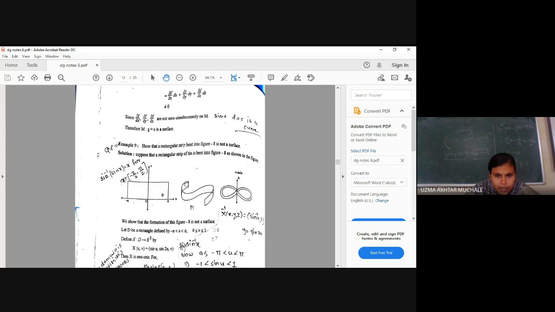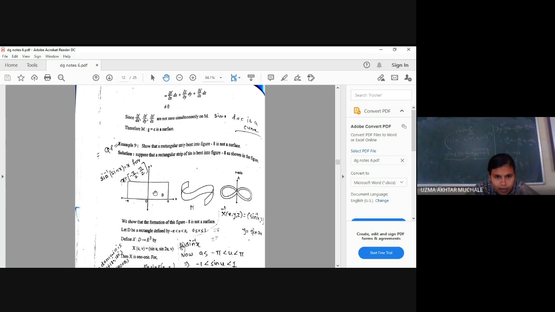First we have converted it into the form of an S. So this is in the form of S now. Now again we have to do some things so that we can get this in the form of a figure 8. Take any rectangular strip, convert it into the form of S, and then again convert it into the form of the figure 8.